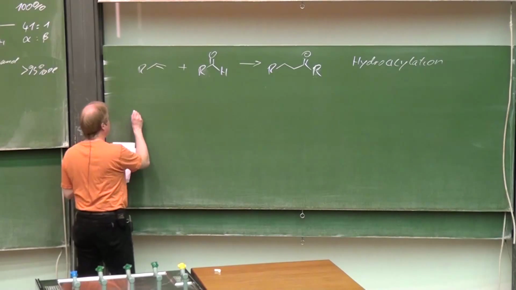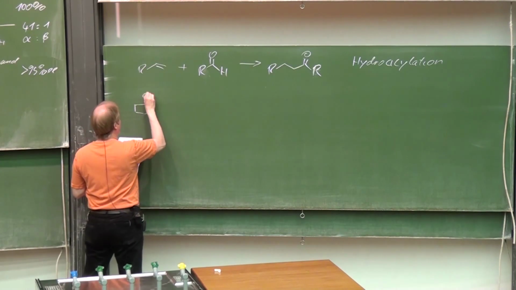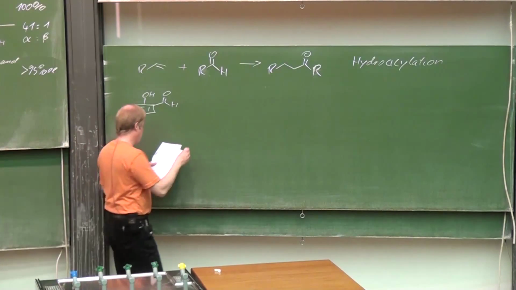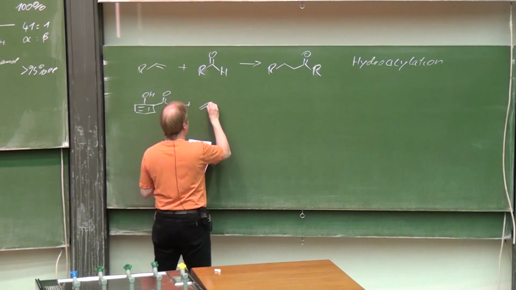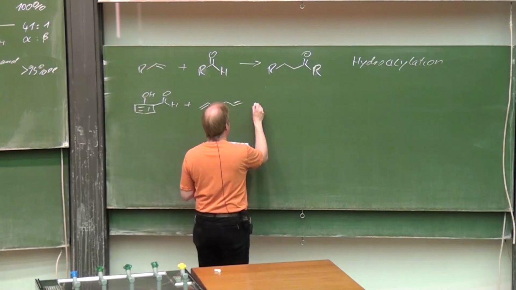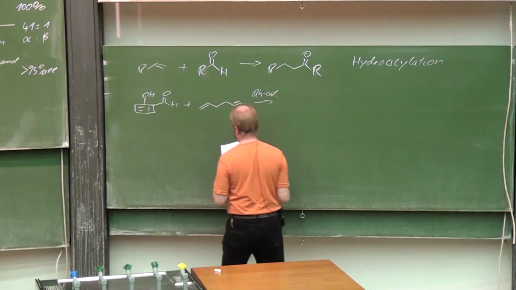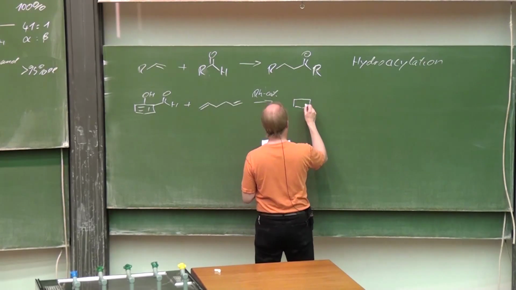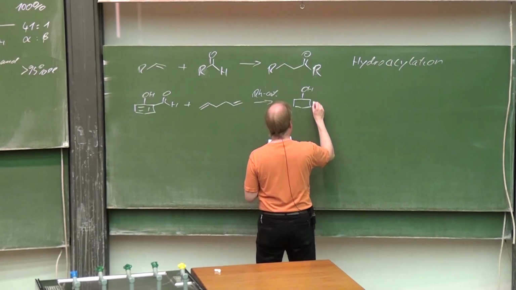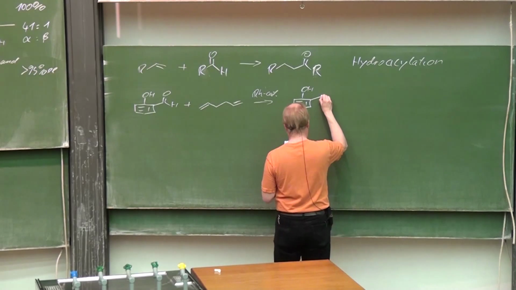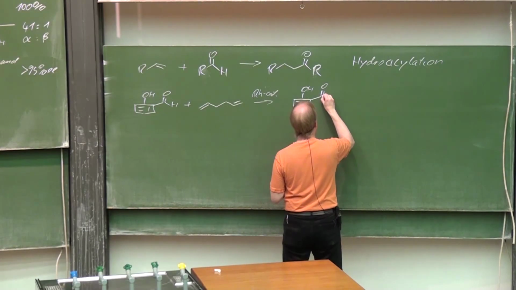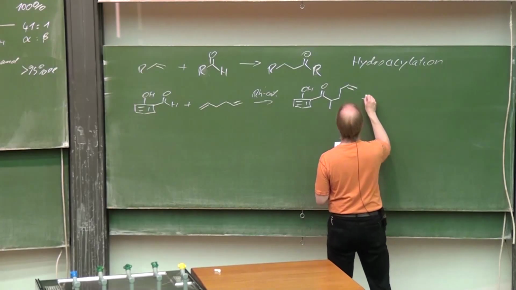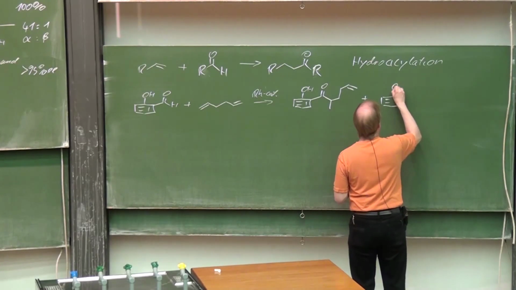Some examples for this type of reaction. Salicylic aldehyde reacts in the presence of a rhodium catalyst with this hexadiene, producing the corresponding ketones, both regioisomers, the branched one and the linear.